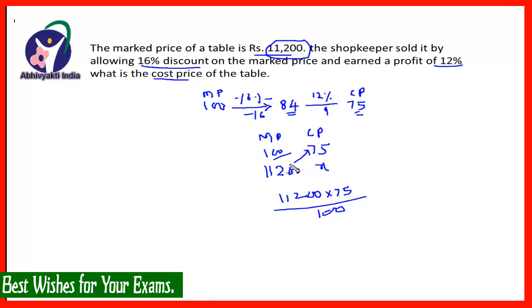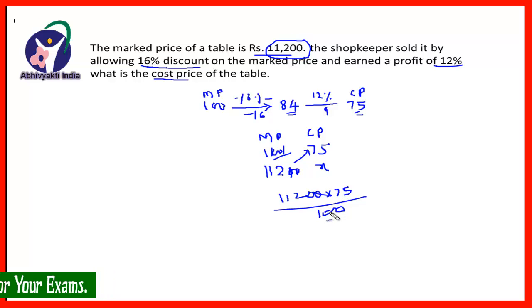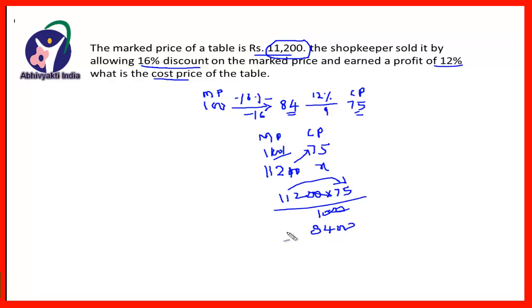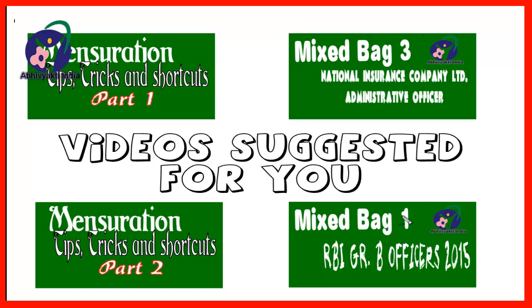Try to do the calculation here, that 100 will be in the denominator, so 0 0 will get cancelled. 112 into 75, that is equal to 8,400. So the cost price is 8,400 rupees.